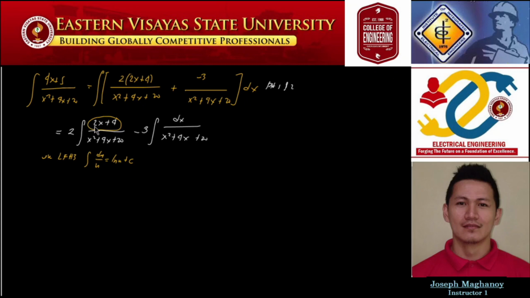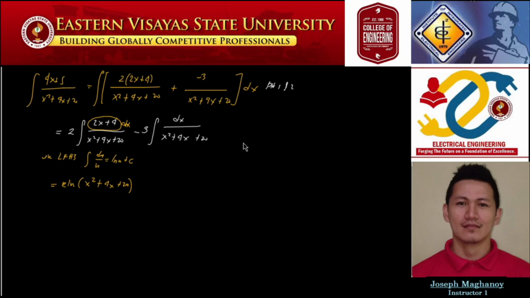We can say that this is also dx. Okay, it's a complete equation. So using our logarithmic formula, 2 ln of x squared plus 4x plus 20. So we are okay with our first term.